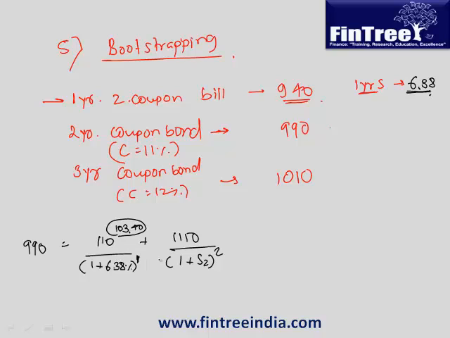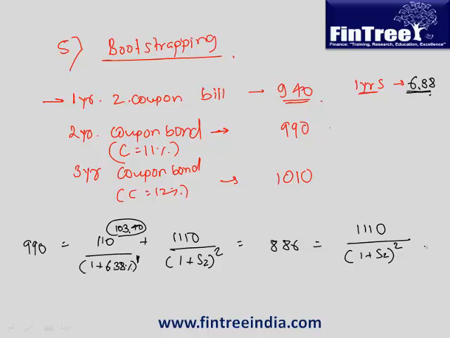It's never on the market price. So it has to be 110. Now make that number negative and then say plus 990, which means I'm just altering the equation, shifting it on the left hand side. So now the equation is 886 is equal to 1110 divided by 1 plus spot 2 raised to 2.